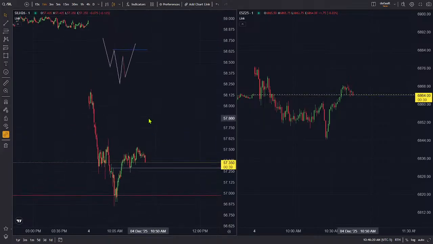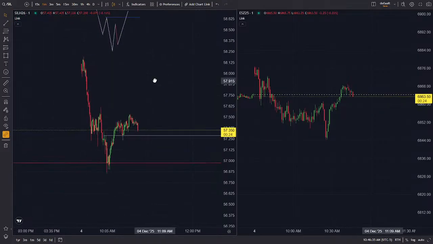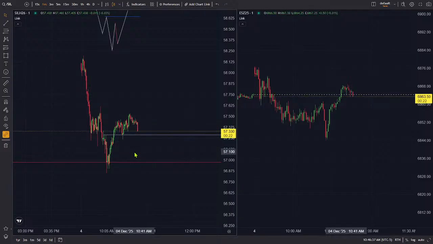Okay, so we've come down, we pushed up. We came down, found a bottom, pushed up, left that high so far. Now we're coming back down. We want to see a higher low here. Somewhere in this area would be nice.